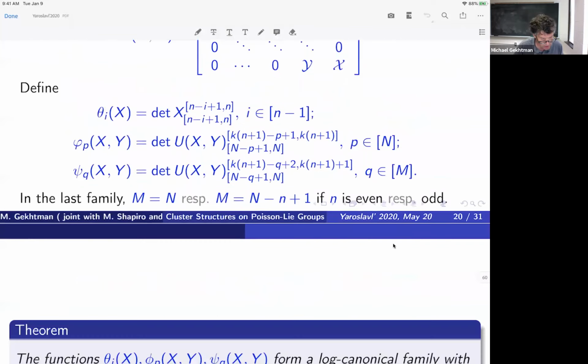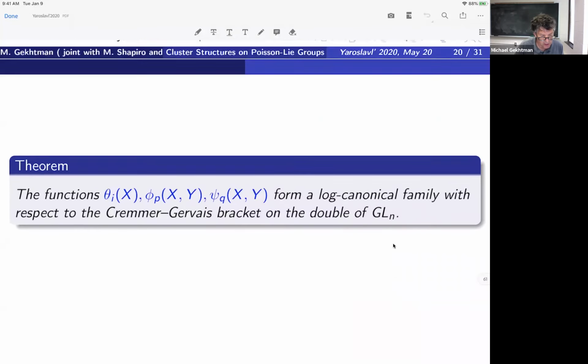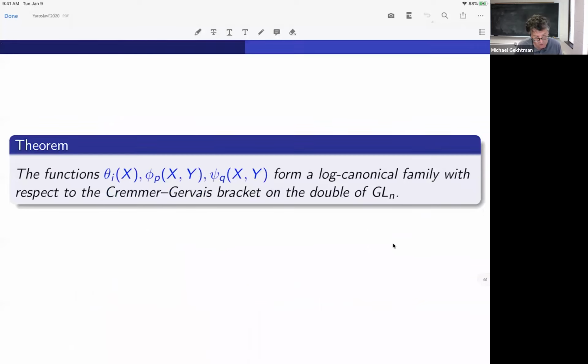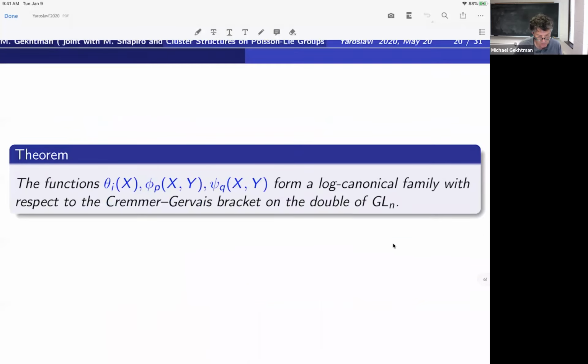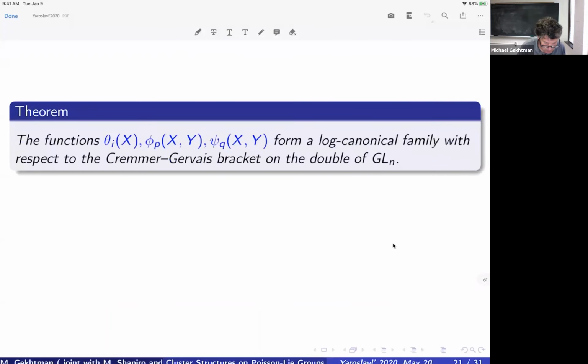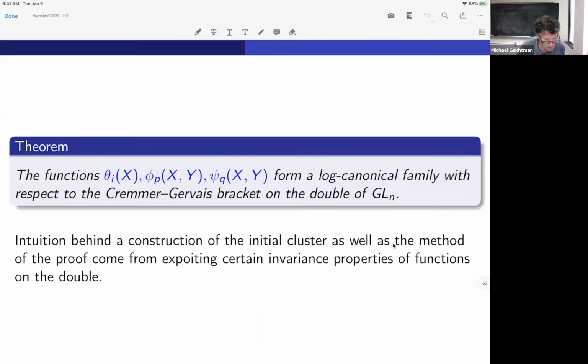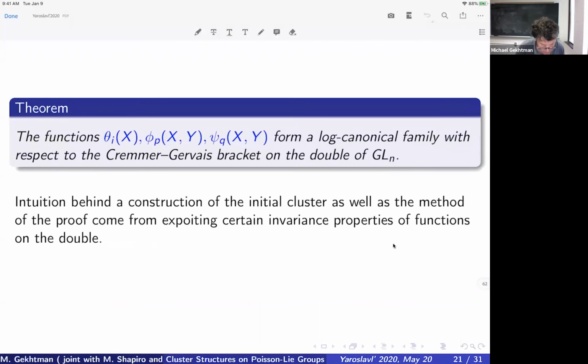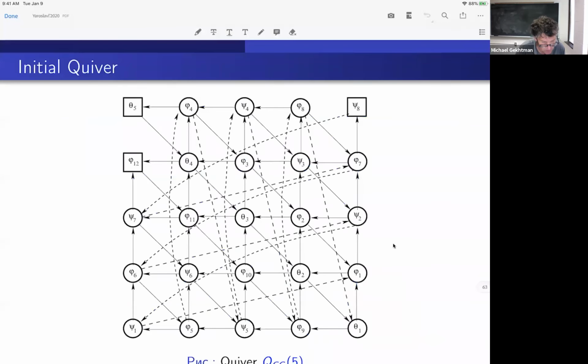And the claim is that these scary functions are log canonical with respect to the scary brackets that I've shown to you before. There is some reason we guess them, but I don't think I have time to go through them.